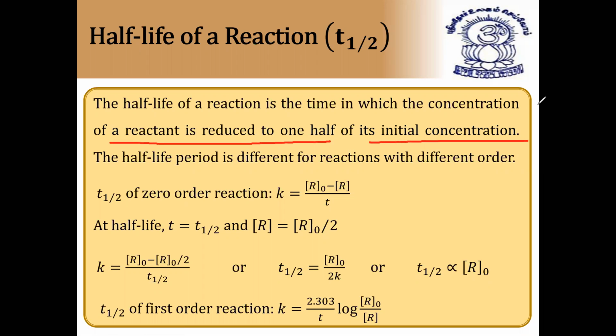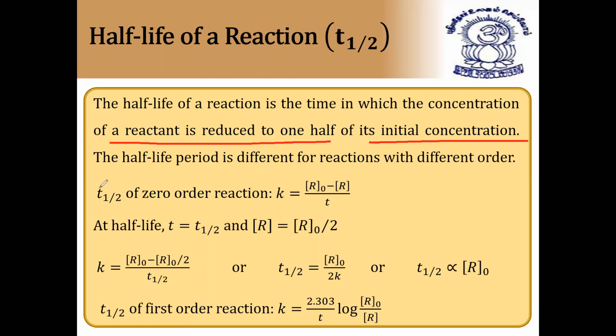So let us say the initial concentration is 1 molarity. The time taken for the concentration of the reactant to become 0.5 molarity is called its half-life. The half-life period is different for reactions with different orders.